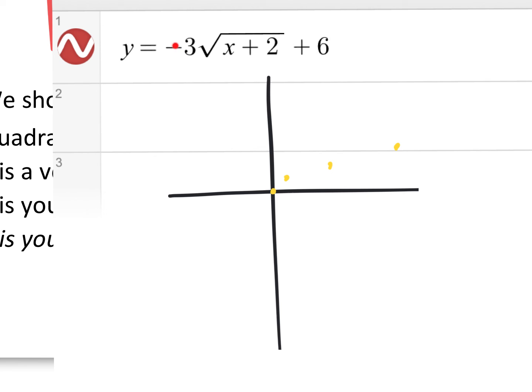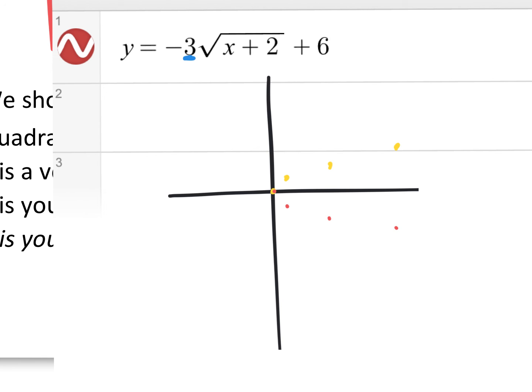But this guy, obviously what happens? The first transformation, the negative, what does it cause? A reflection over the x-axis. So these yellow dots right here would become these red dots down here, right? Opening down instead of up. And then, what else do we know? That this a value of 3, what does that cause it to do? A vertical compression or stretch?